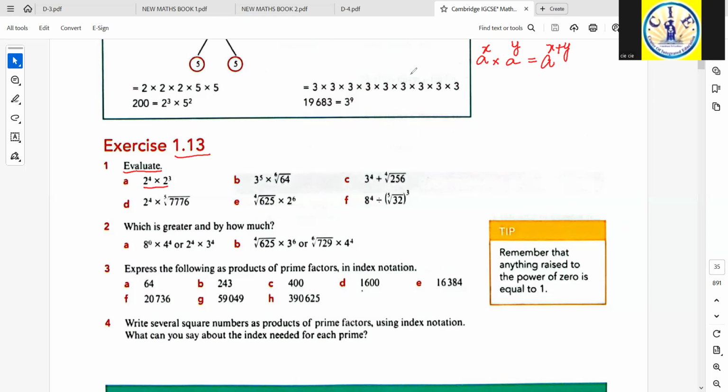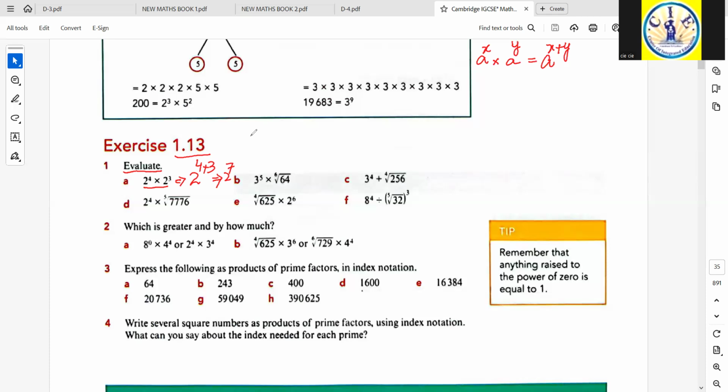So this is the rule that is going to be applied here. So I can write it like this, writing the base 2 only once and then adding the exponents 4 plus 3. So that would give me 2 raised to power 7. That is its answer in the form of indices.